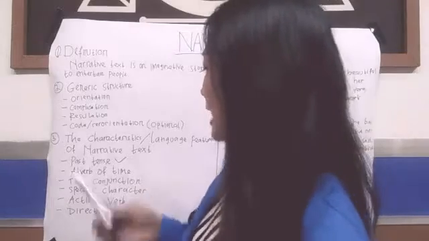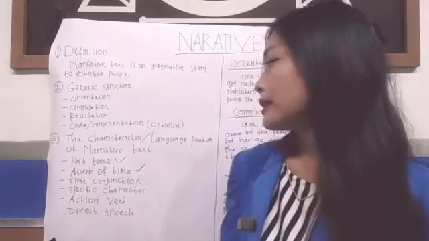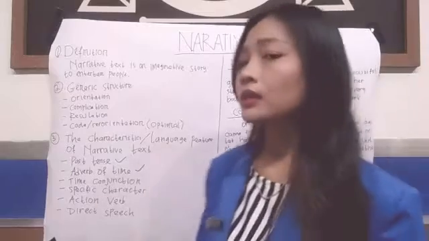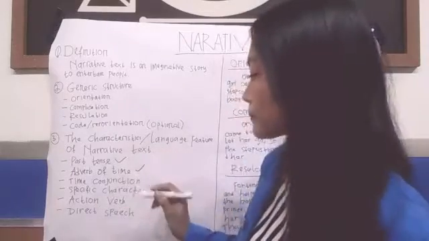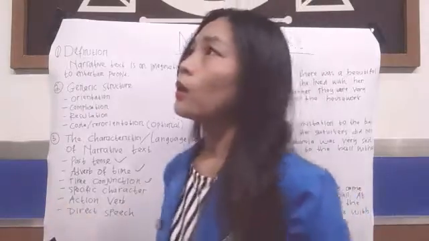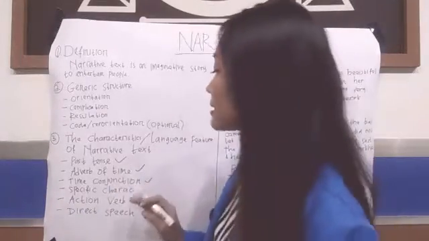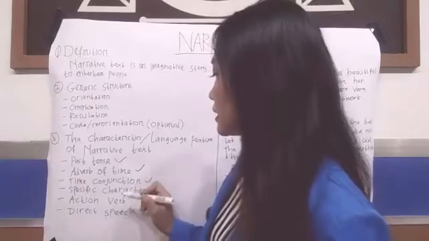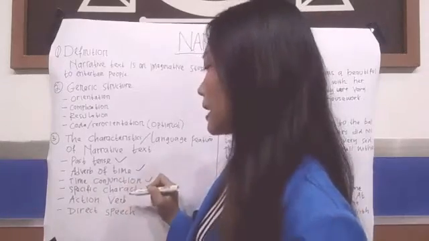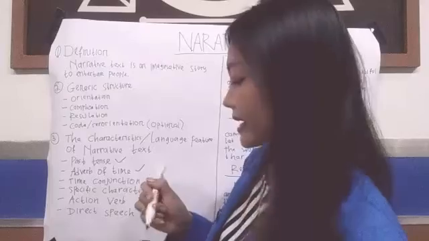And the next, the time of the verb in the story. And next, time conjunction. When we write the story of a narrative text, of course we use time conjunction, for example, then. Like that.